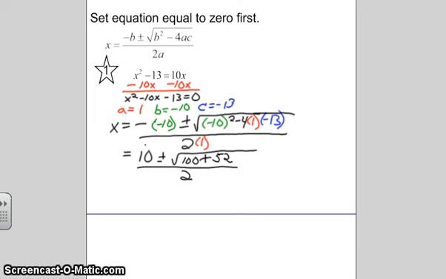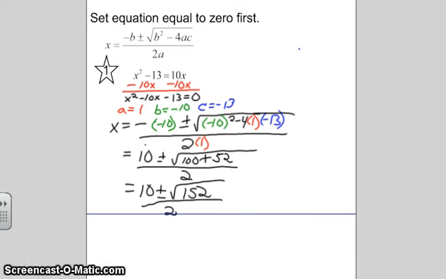Okay, so now inside the radical, I've got to add those two numbers together. So it's 10 plus and minus the square root of 152 over 2. Oh my god, why is there so much? Just to make you crazy. The radical has to be in simplest form.